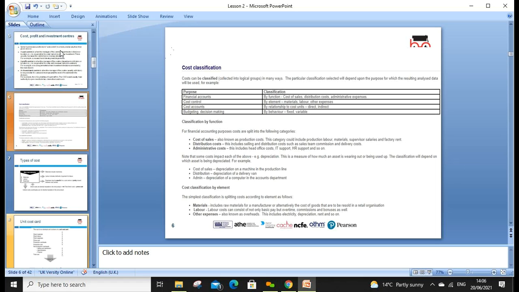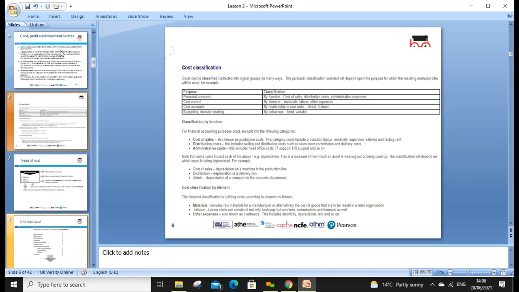Okay, cost classification. Costs can be collected into logical groups in many ways. The particular classification selected depends upon the purpose for which the data is being analyzed: financial accounts, cost control, cost accounts, budget decisions. Costs can be classified by function, by element, by relation to the cost unit, and by behavior.